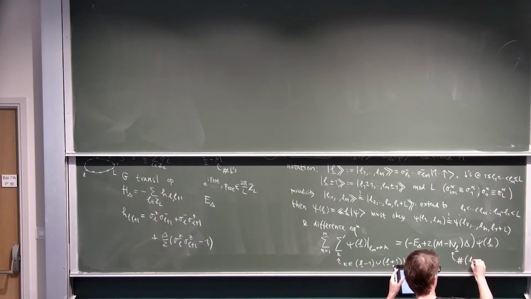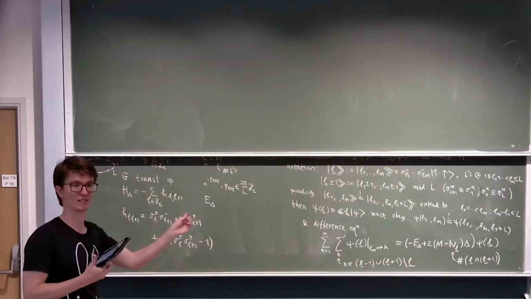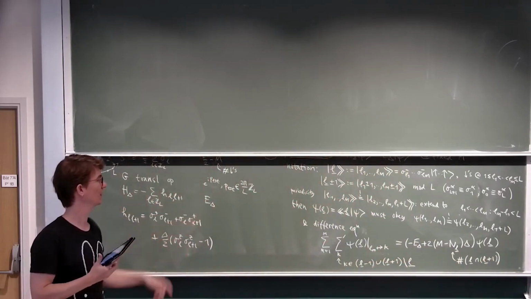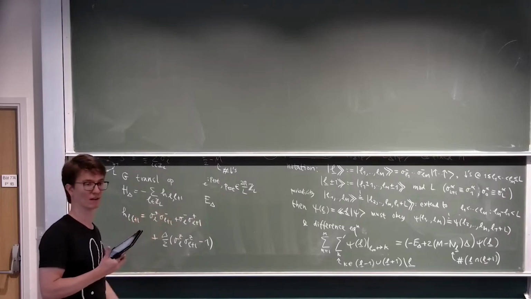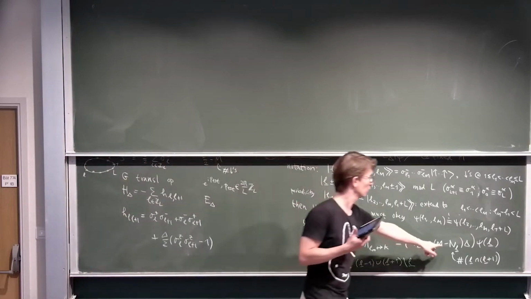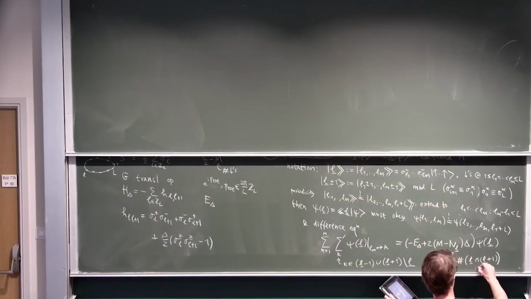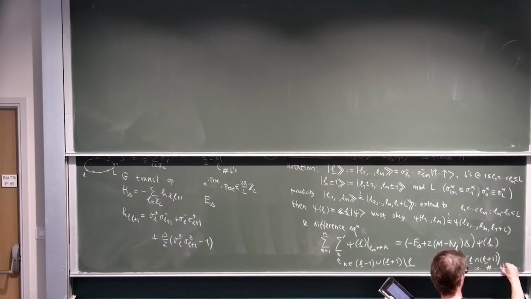So in other words, it's the number of overlaps between L and L plus 1. Right? So you look at all the sites and you shift all the sites to the right by 1. And then if you had some overlap there, that means that two down spins were adjacent. So this is just the number of adjacent down spins.